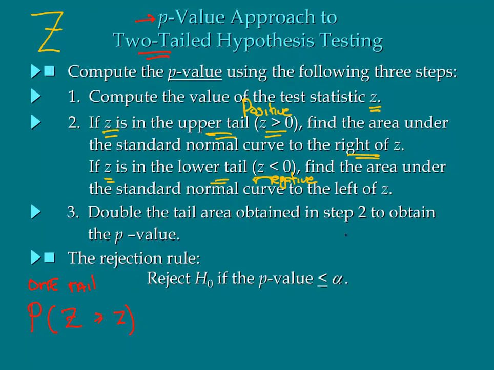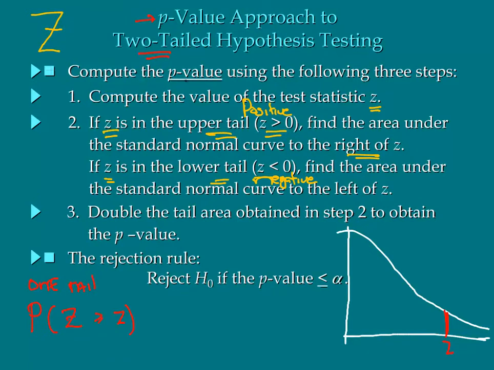So what we have in the upper tail, let's draw a bell curve just down here in the bottom corner. This is our standard normal curve, and what we have is a z, our test statistic, here. Now find the area under the standard normal curve to the right of z.